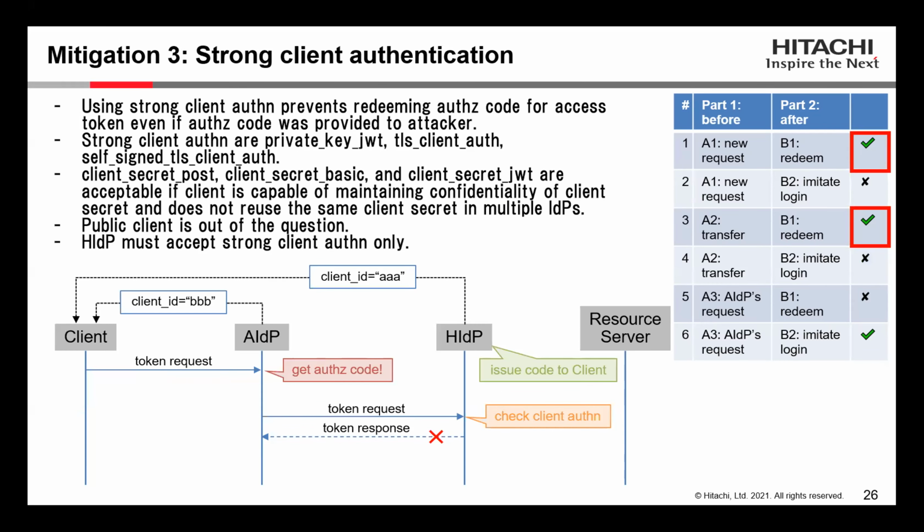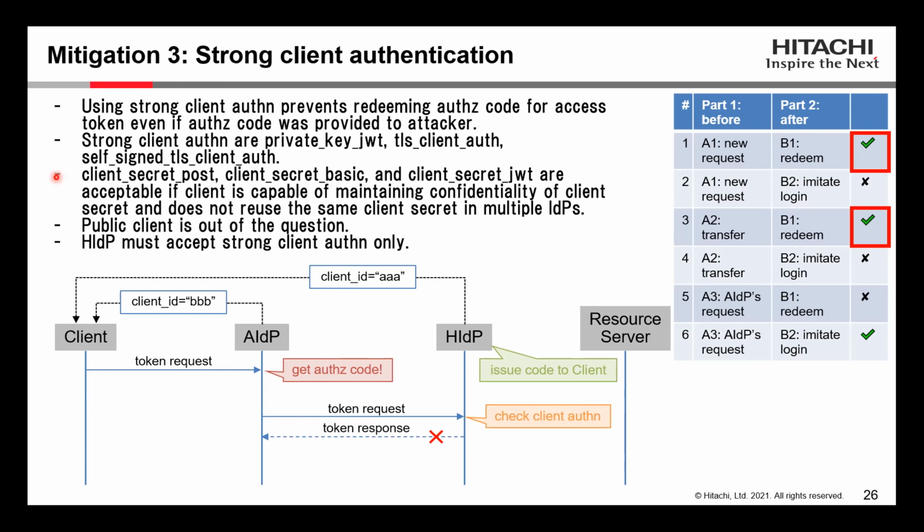Mitigation 3 is using a strong client authentication method. If using a strong client authentication method, the client can prevent redeeming the authorization code for an access token, even if the authorization code was provided to the attacker. Strong client authentication methods are private key JWT, TLS client auth, self-signed TLS client auth.